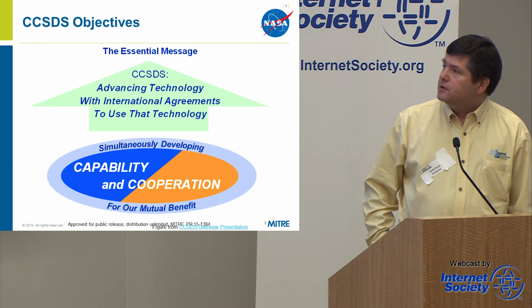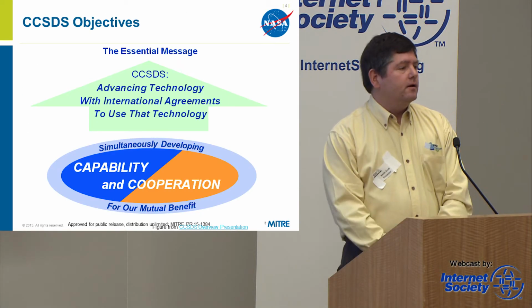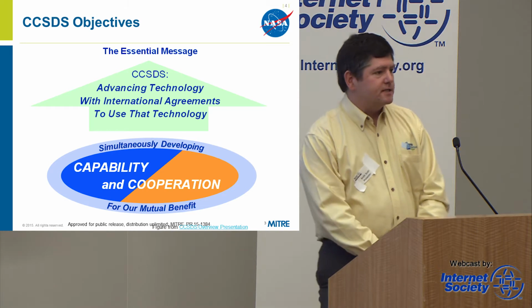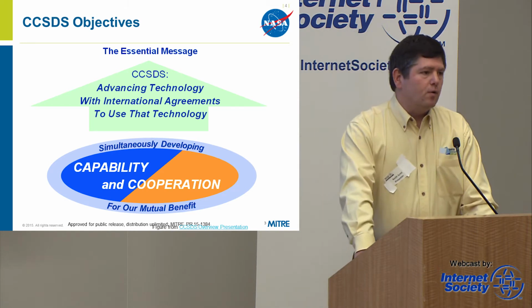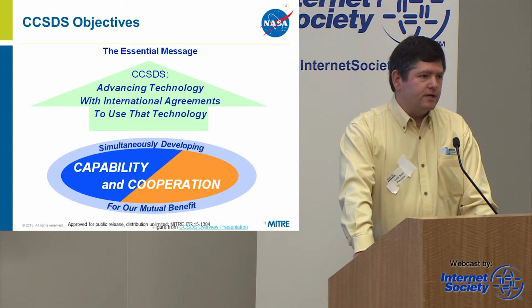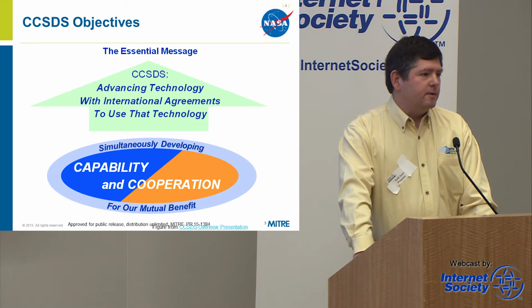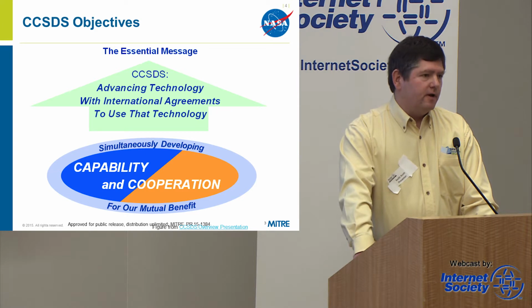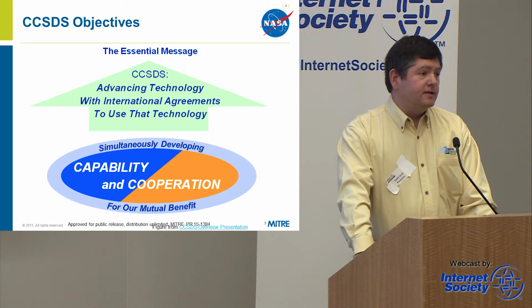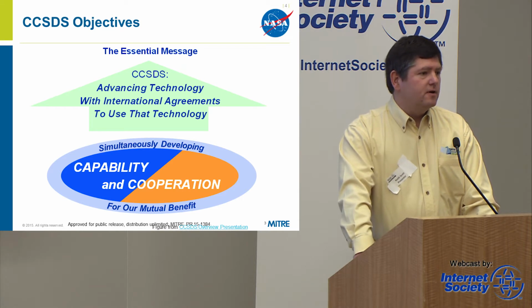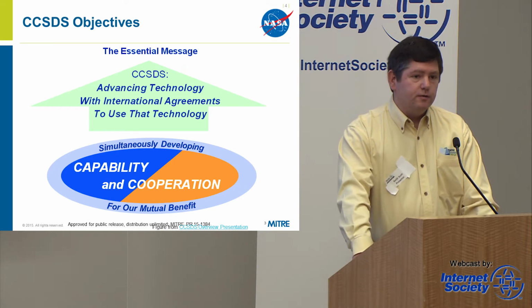Next slide. Since CCSDS is this consensus organization, in order to advance standards through the organization, you've got to have commitment from more than one agency that they think the development is something useful to do, and more than that, you've got to have commitment of funds from more than one agency. So you've got to have multiple people signing on to do this work.